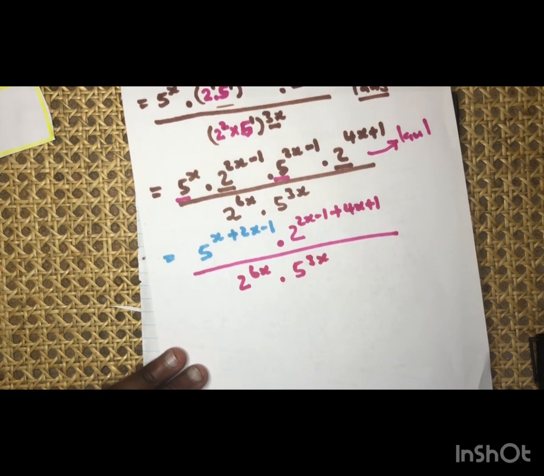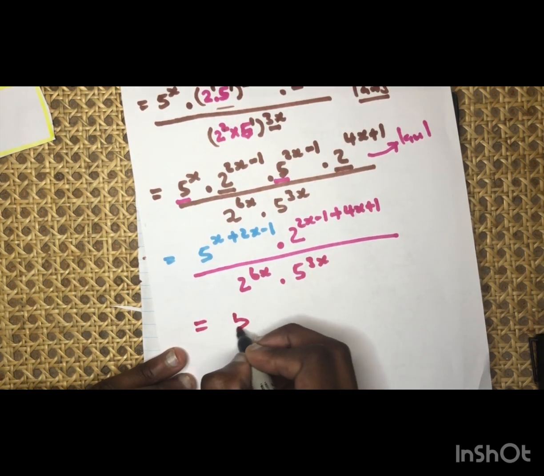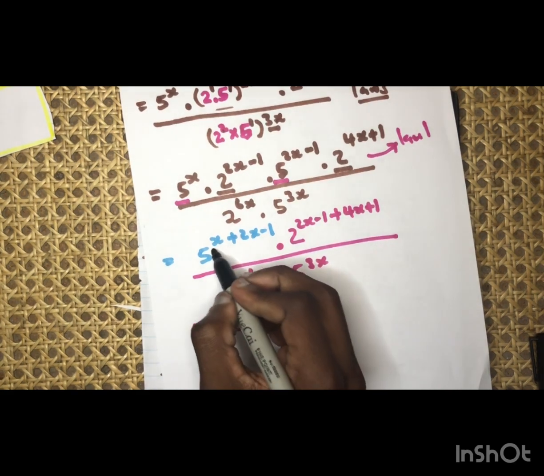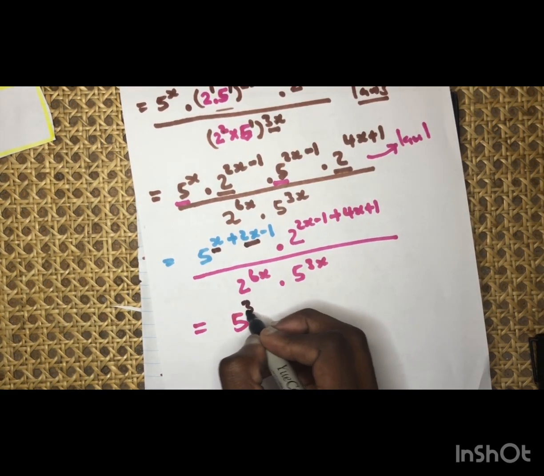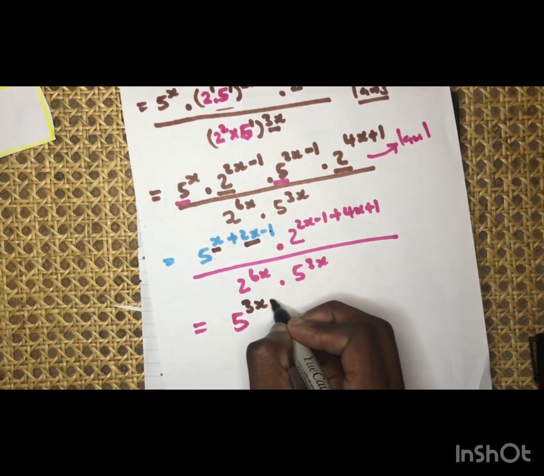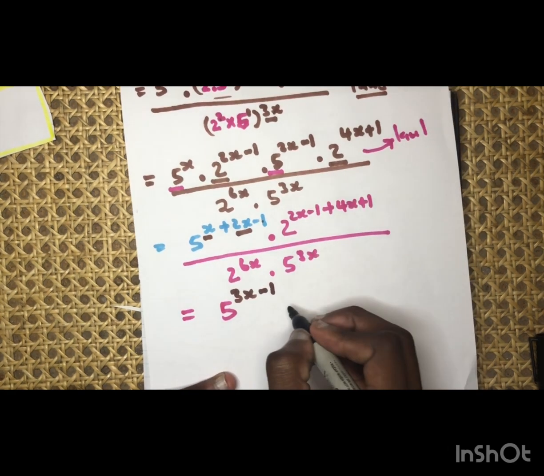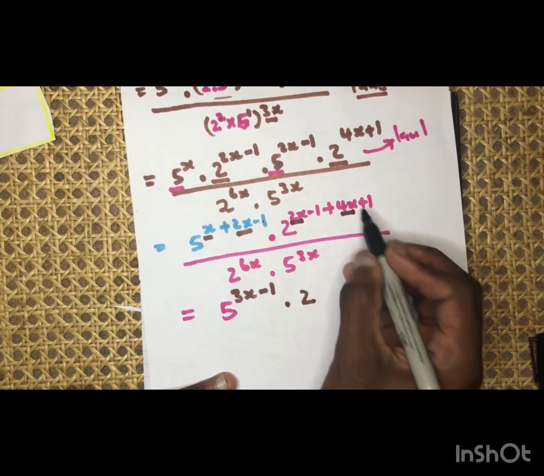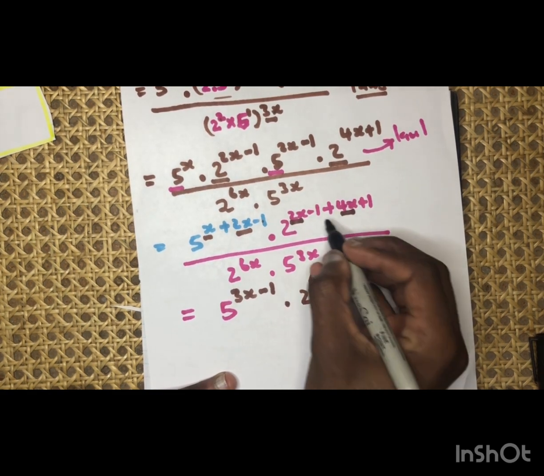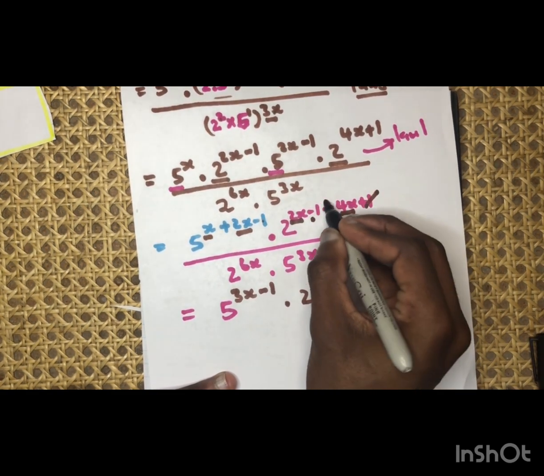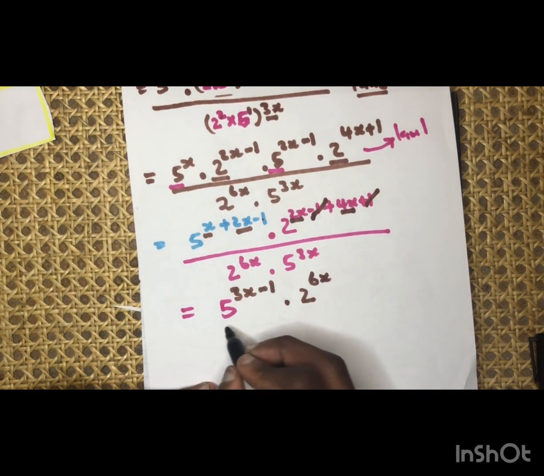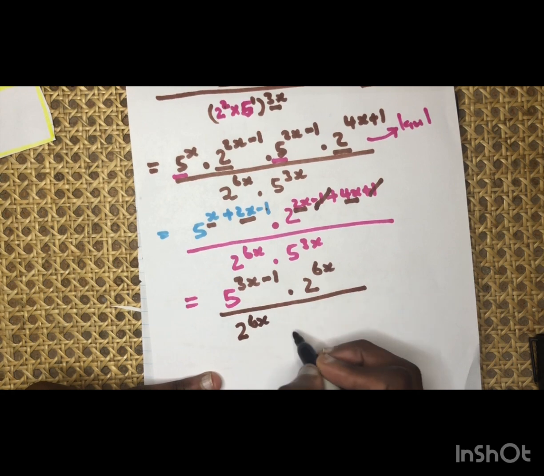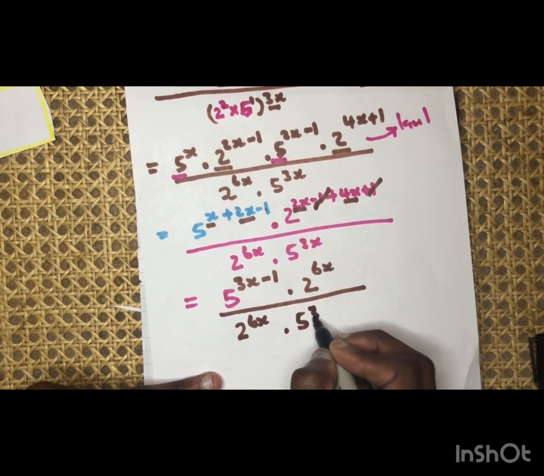So I'm going to simplify the numerator. If I say x plus 2x, we get 3x, minus 5. Then times 2, then 2x plus 4x, we get 6x. Minus 1 plus 1, they are going to cancel out. So on the denominator, I have 2 to the power 6x times 5 to 3x.